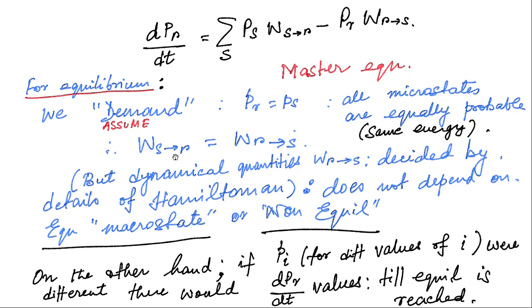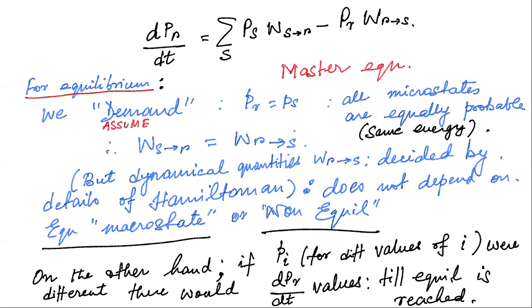So the transition probability itself is going to depend upon the energy of interaction, right? The transition probability is not going to change whether the system is in equilibrium or non-equilibrium, because it's a local property.